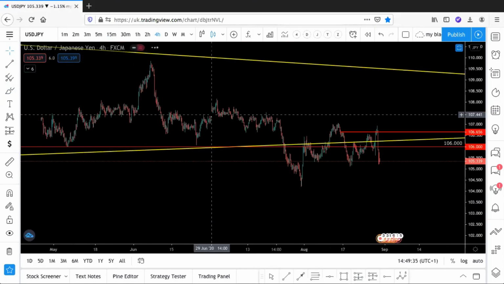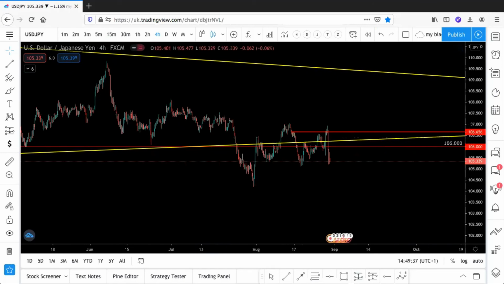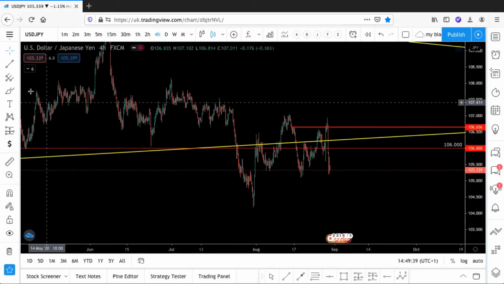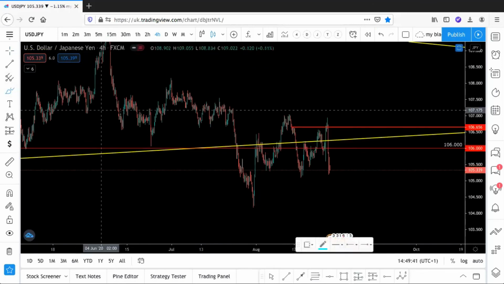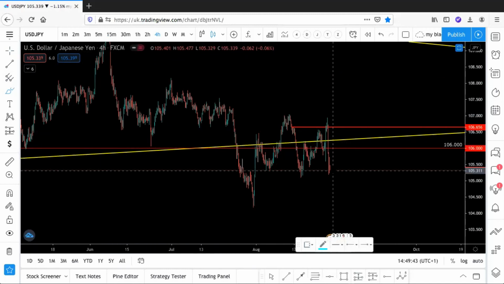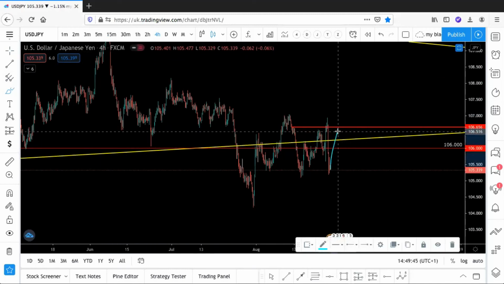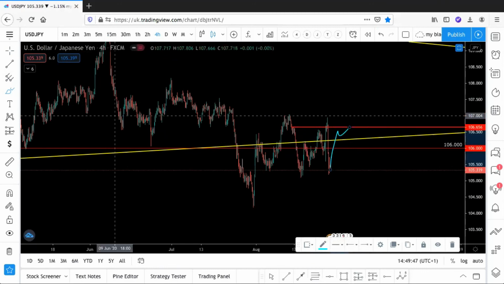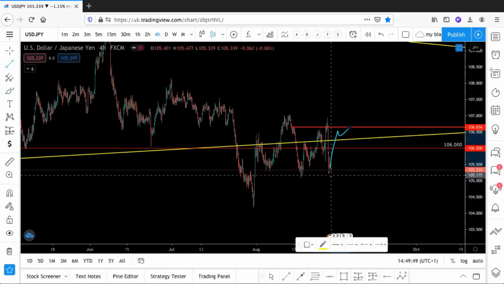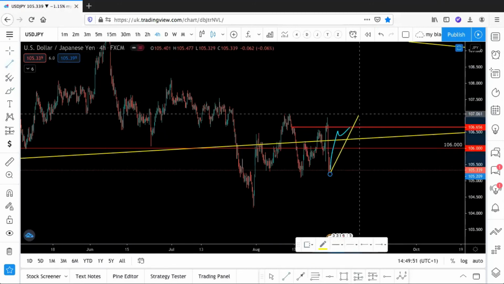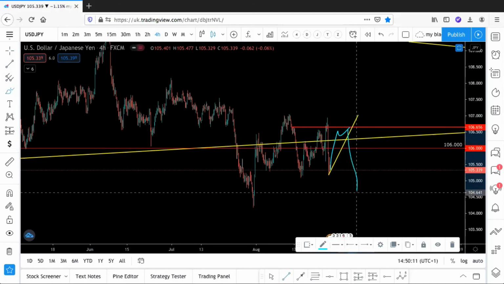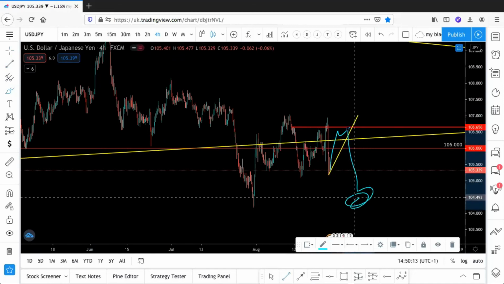USD-JPY. I'm anticipating price to run higher. Then we could expect price to run lower, one more push to this downside.